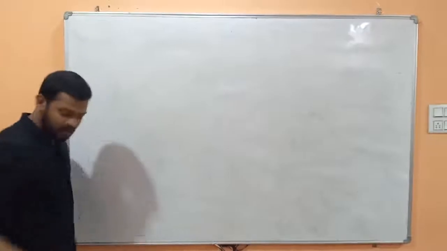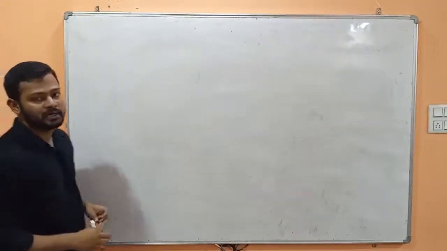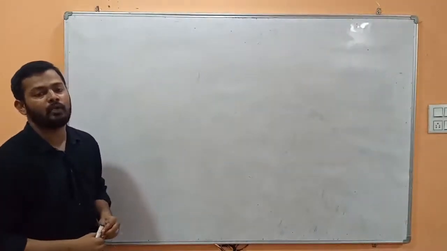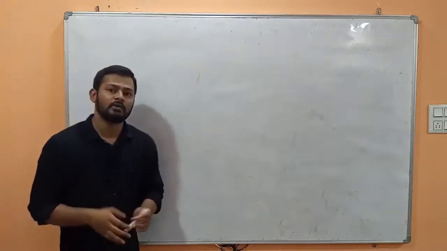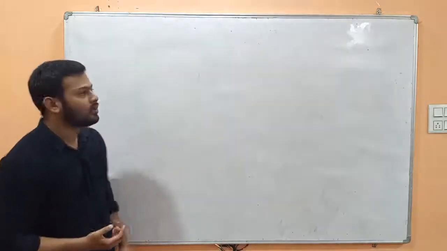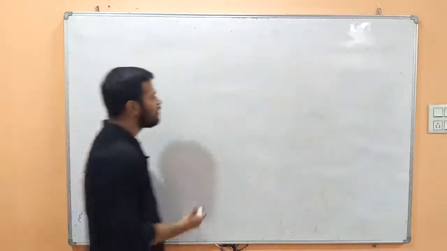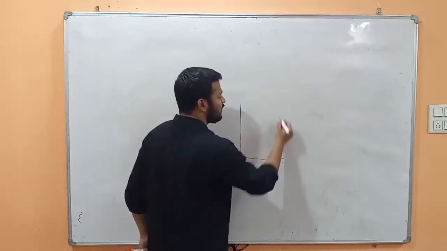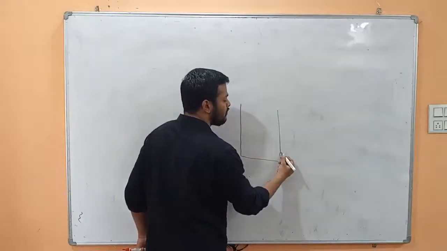So we are going to study about the different pressure measuring devices. A piezometer is an L-shaped glass tube whose one end is connected to a point where the pressure is to be measured. So what will happen if you connect an L-shaped glass tube to any point? Let's say you have a tank and you are connecting an L-shaped glass tube to this tank.